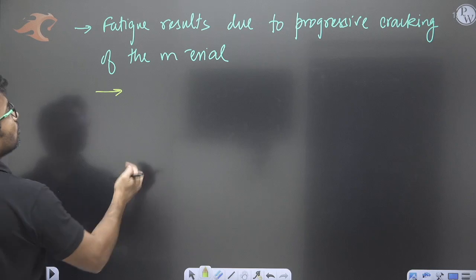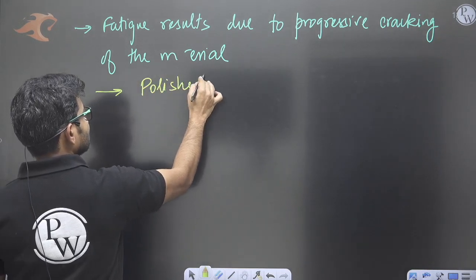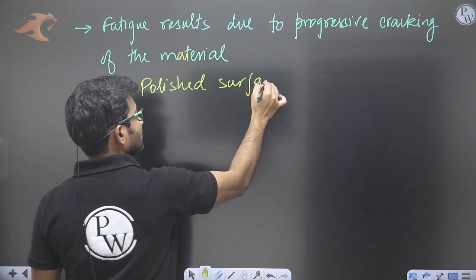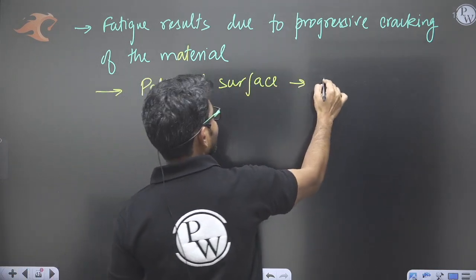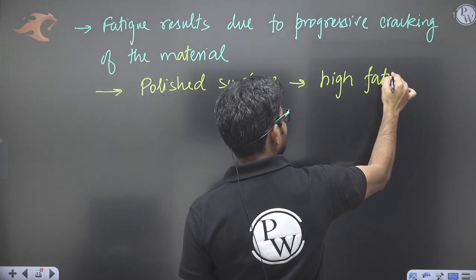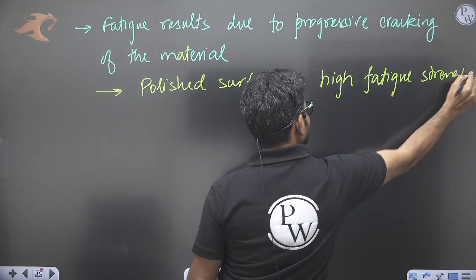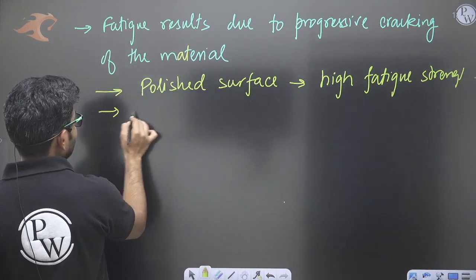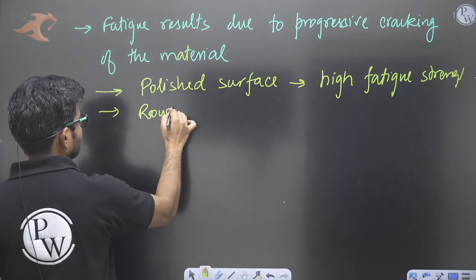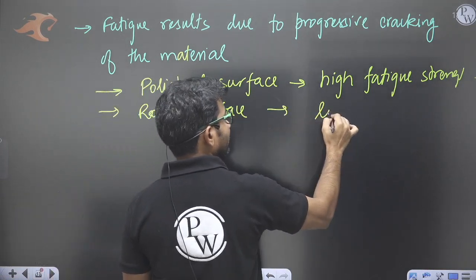So a polished surface will have high fatigue strength, and a rough surface will have low fatigue strength.